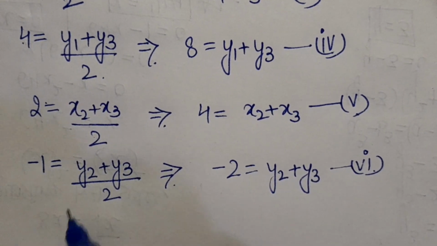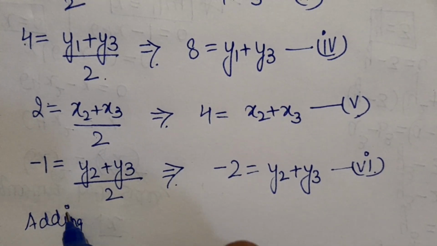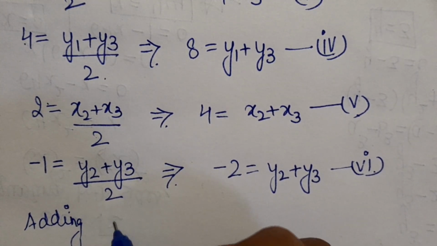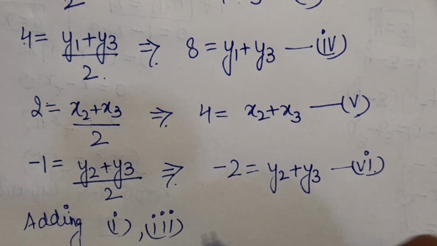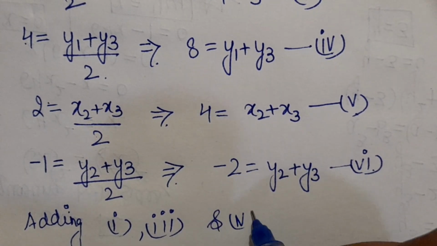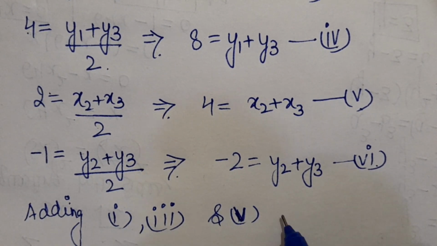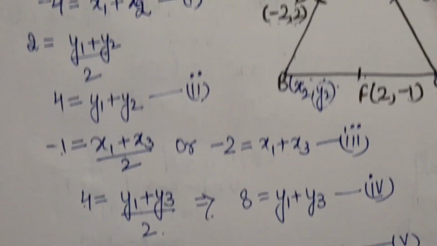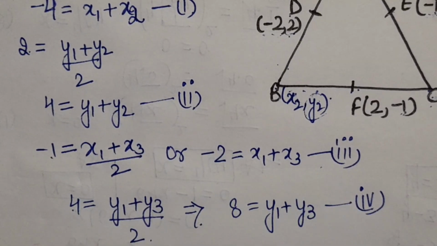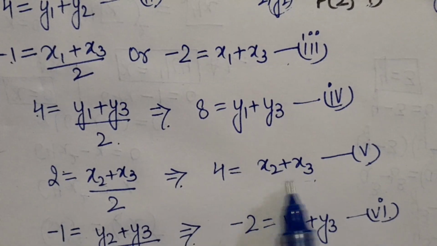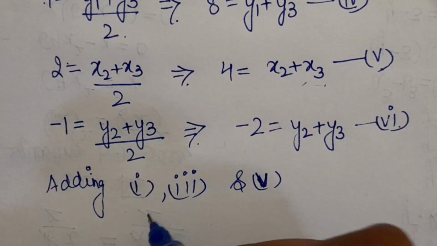Now our next step is very simple: adding equation numbers 1, 3 and 5. That is, we are adding the terms x1, x2 and x3 only. So equation 1 is this one, 3 is this one, and 5 is this one. All terms are in the form of x1, x2 and x3, and we add like terms.